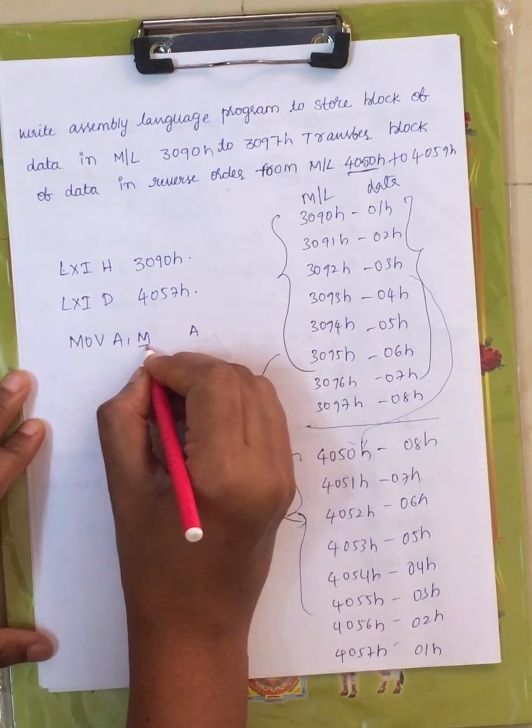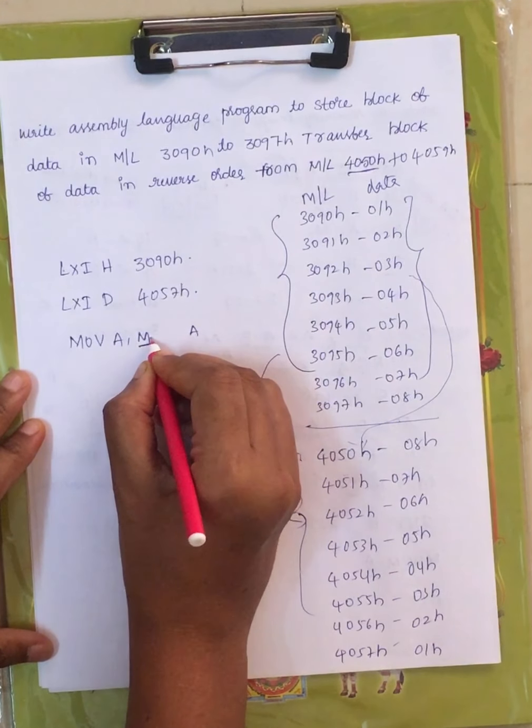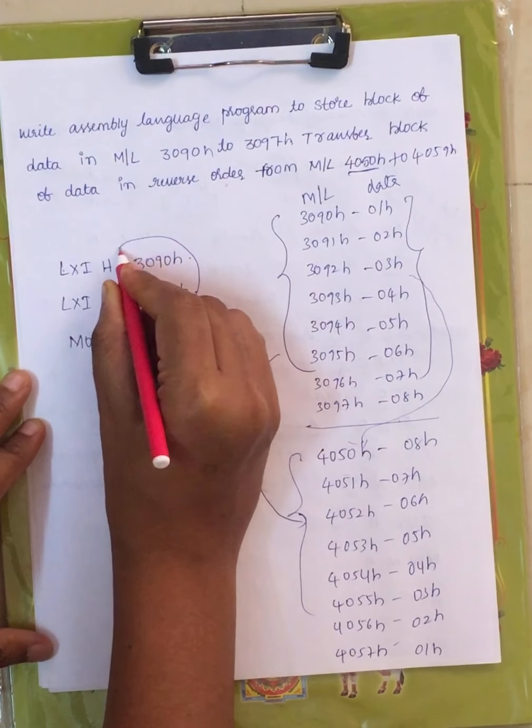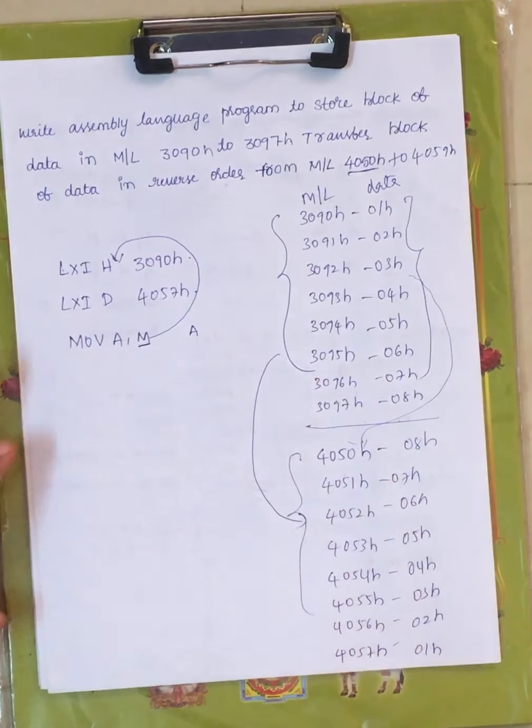Now this M is a memory pointer that points only to the HL register pair. You have to remember this, right? M is a memory pointer that points to the memory location of the HL register pair only. It doesn't point to the memory location of the DE register pair or BC register pair.